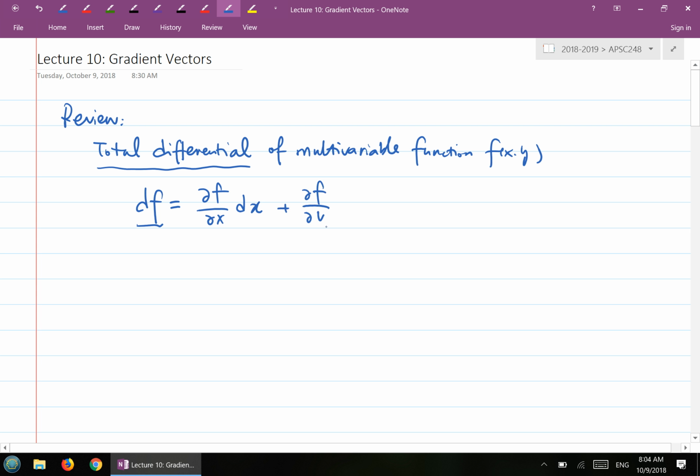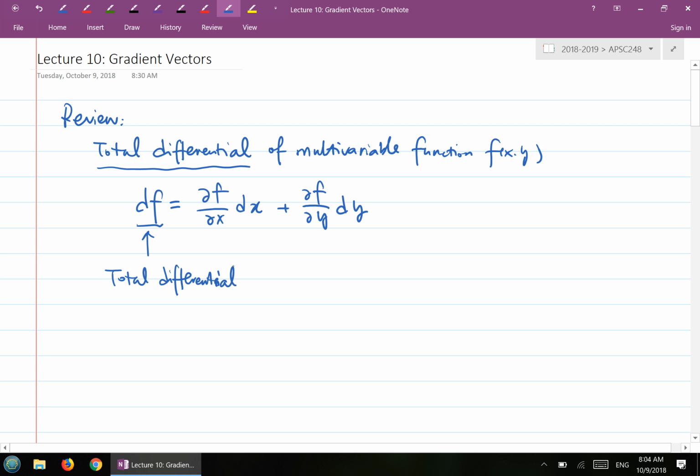So for the total differential, here's the formula. Formula basically means, what do you need to calculate, and what do you need to keep as part of the formula? This thing here is called a total differential. Why is it total?